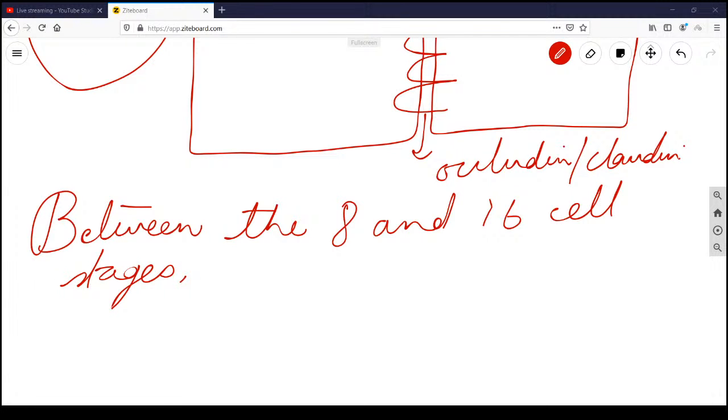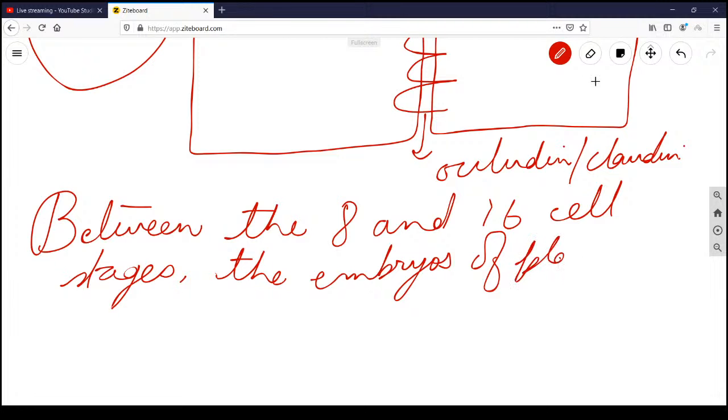The embryos of placental mammals enter a phase called compaction.